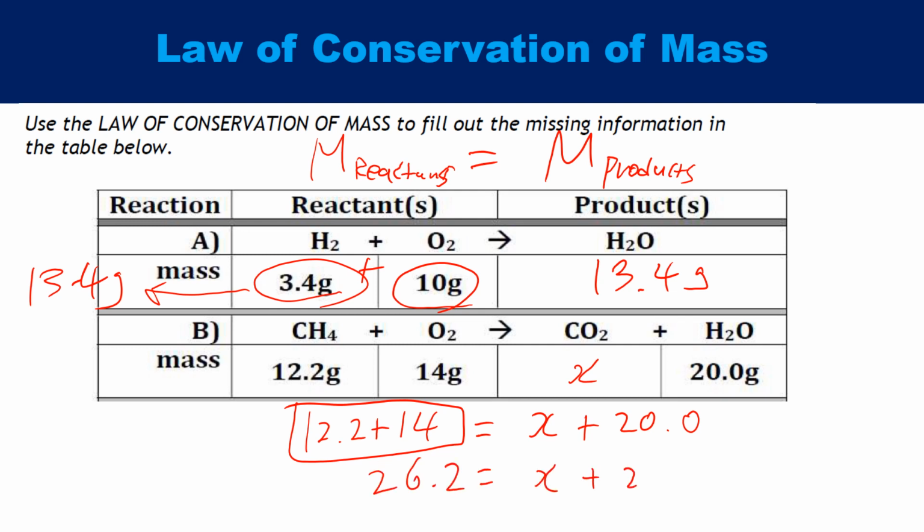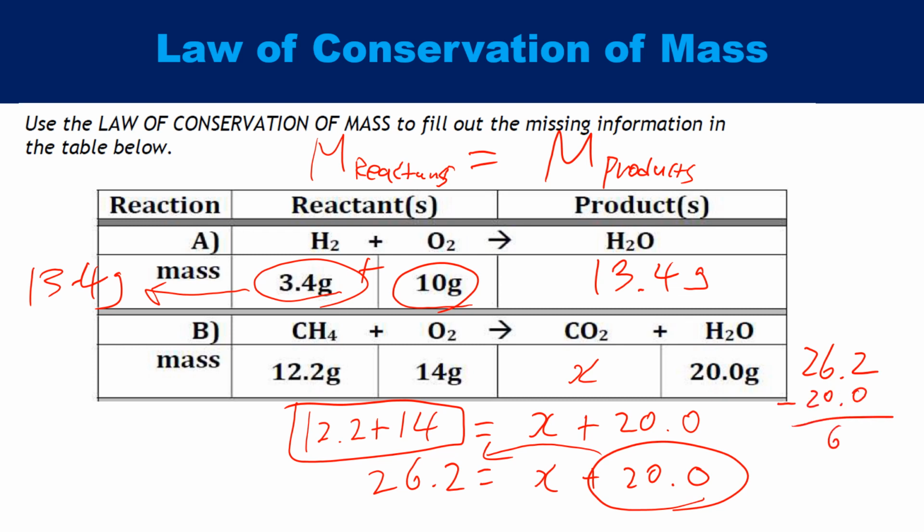That is equivalent to the addition of carbon dioxide and water vapor. So how can I find this x? I just need to do the opposite operation to the other side, which is 26.2 minus 20.0, which gives me 6.2. So I have 6.2 grams of carbon dioxide.